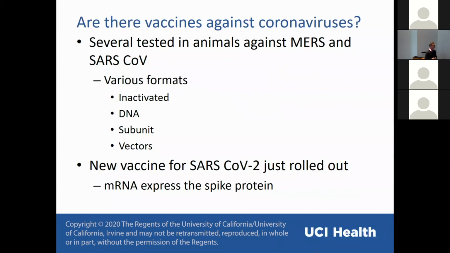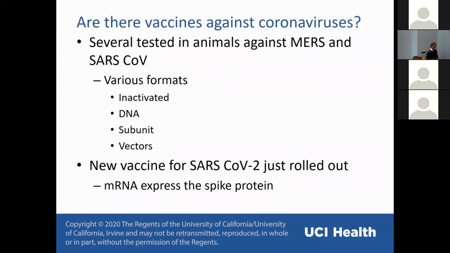So that's very hopeful. And in fact, there has been a phase 1 human trial of a DNA vaccine against SARS in humans. It was shown to be immunogenic and safe. It was, of course, never tested for efficacy because there were no further cases of SARS.